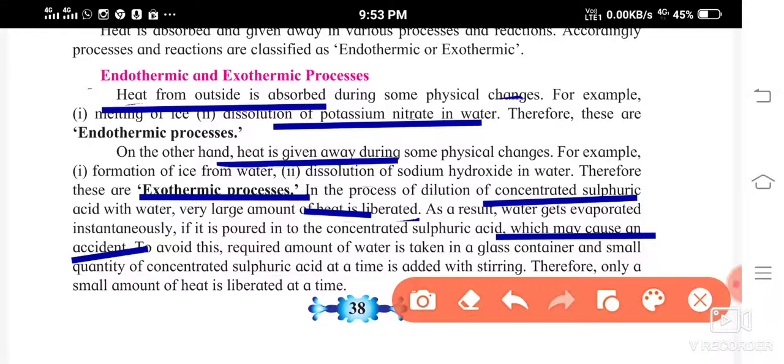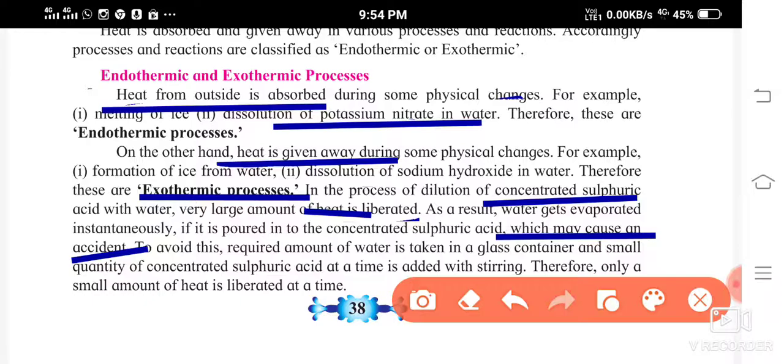To prevent this, you take some water and add a small quantity of concentrated sulfuric acid to it while continuously stirring.